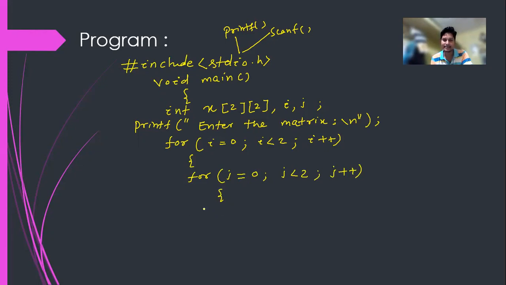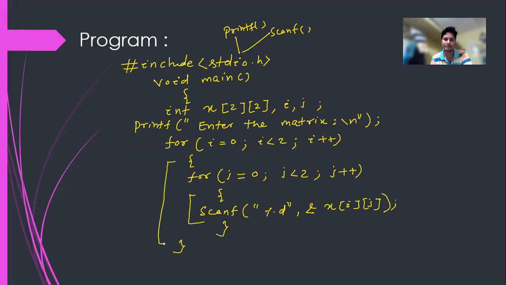Inside this I am writing scanf within double quotation "%d", then comma ampersand x of i j bracket and semicolon, closing curly bracket, then closing curly bracket for this for.